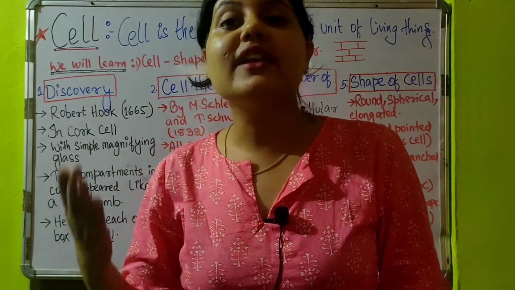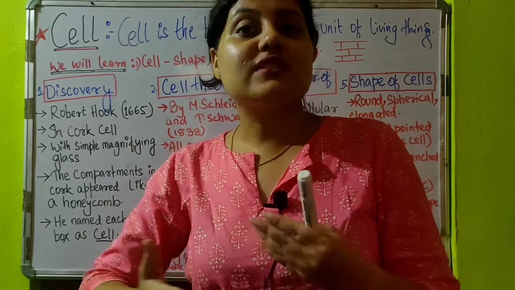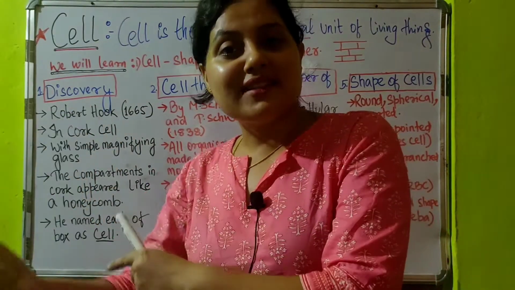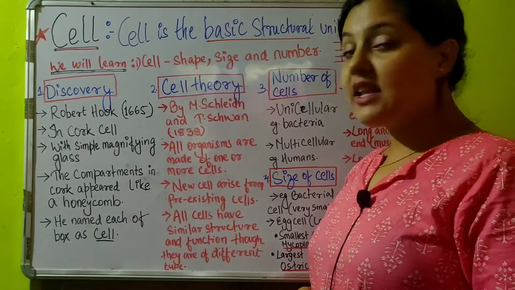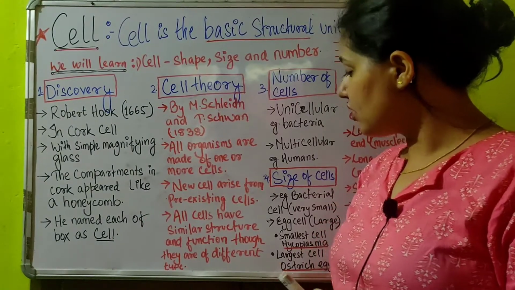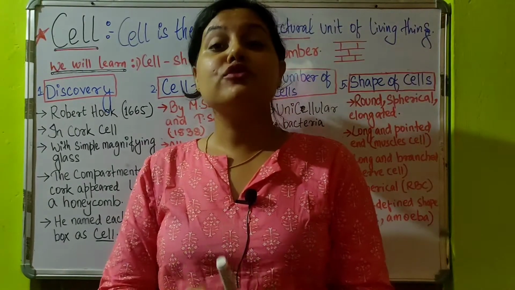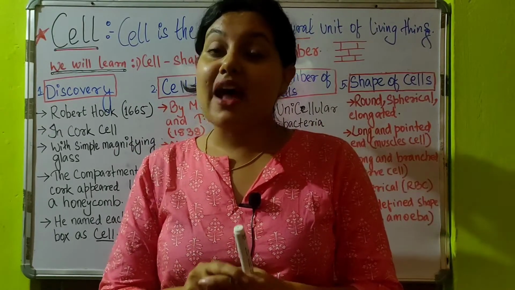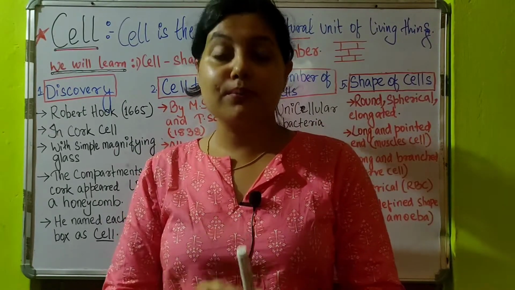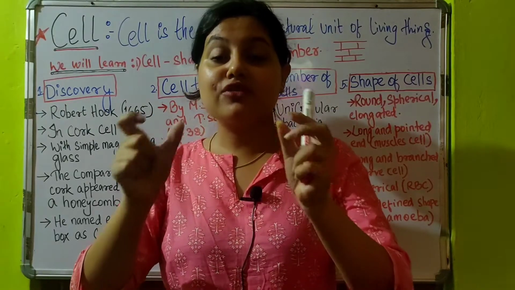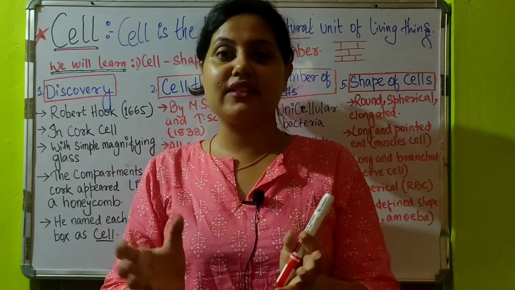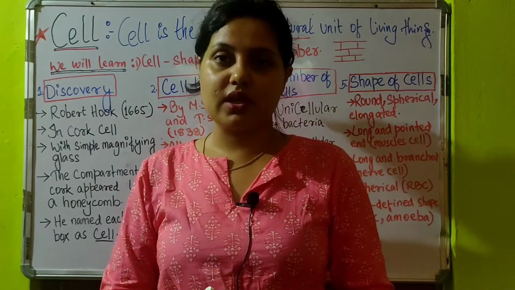Pre-existing means already existing. That means a new cell is formed only by dividing from an old cell. All cells have similar structure and function, though they are of different types. That means no matter the cells are different, the inner composition of the cell is always the same.